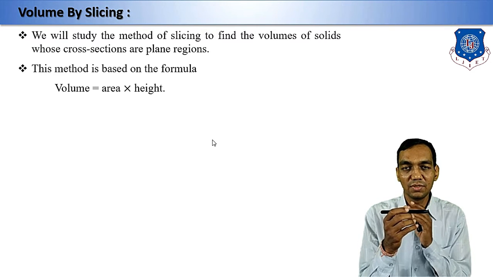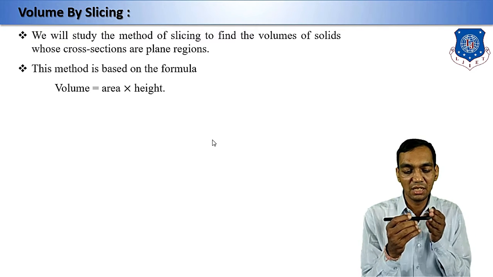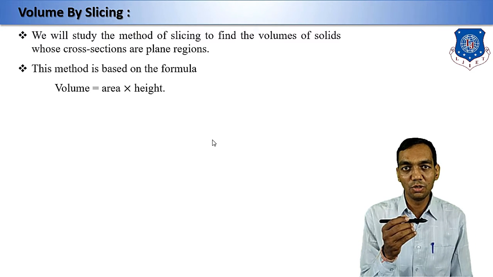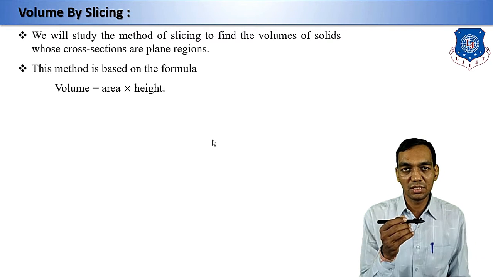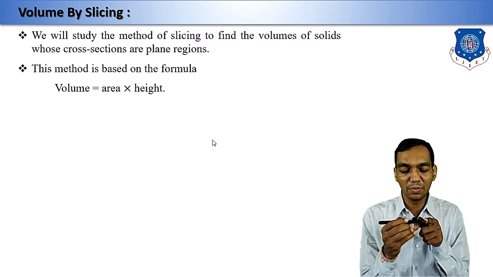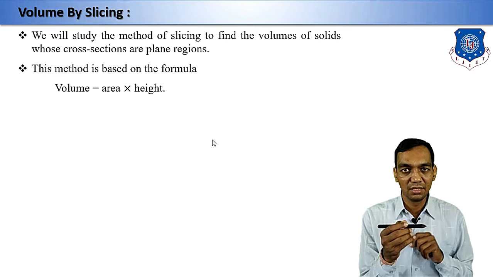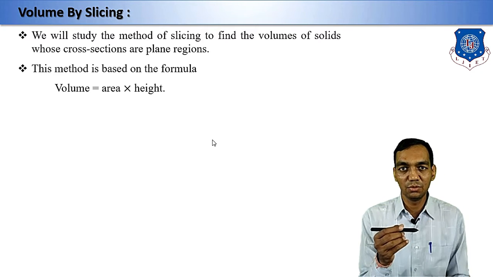The cross-section of this pen will be a circle, correct? So this is a cylinder, and to find the volume of a cylinder, you take a cross-section, that is a circle, and the area of a circle is pi r square, and you multiply pi r square with the height. That's why the volume of a cylinder is pi r square into h.